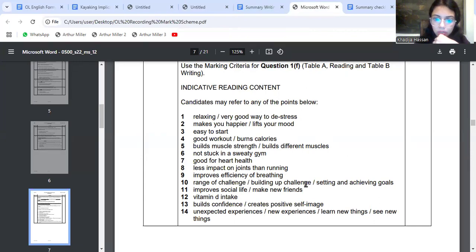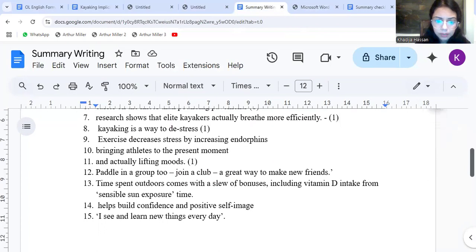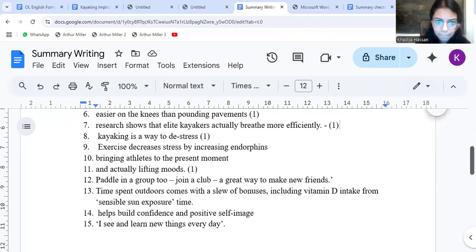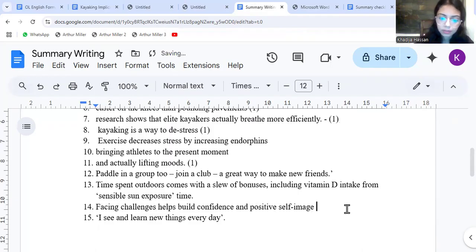Range of challenge, building up challenge, setting and achieving goals. This was towards the end. This is actually this point. Facing challenges helps build confidence and positive image.